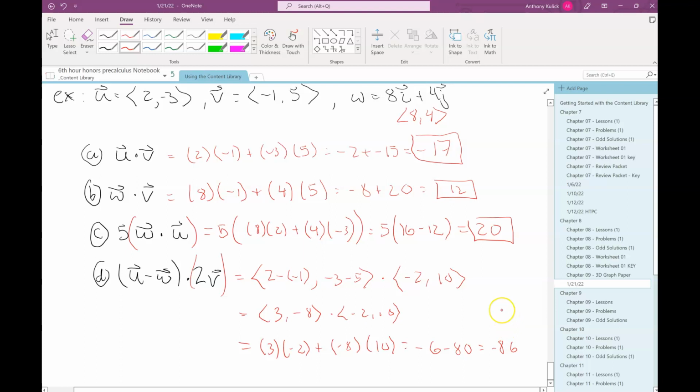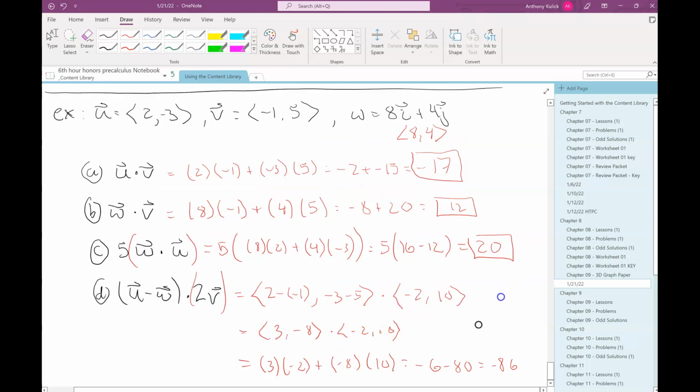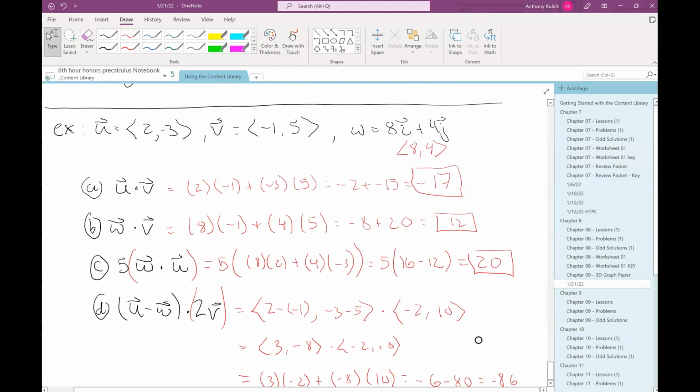Yeah, for D, is that u minus w or u minus v? Oh my goodness, did I do the wrong thing? Hold on, let's check here. I did u minus v. Boy, I'm dumb. Hold on, let's do a different color. Let's see, u minus w, u minus w.